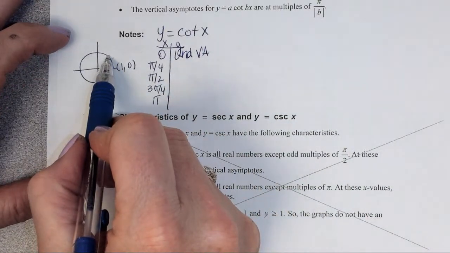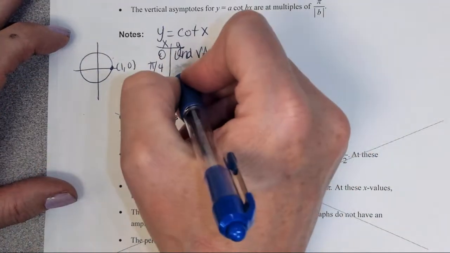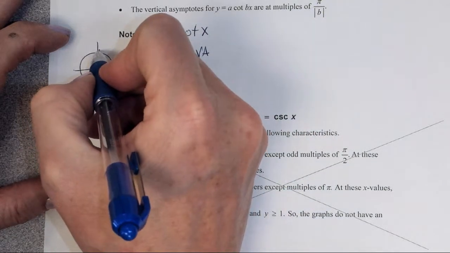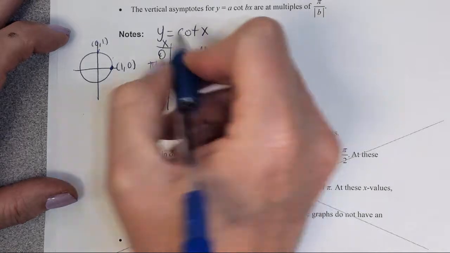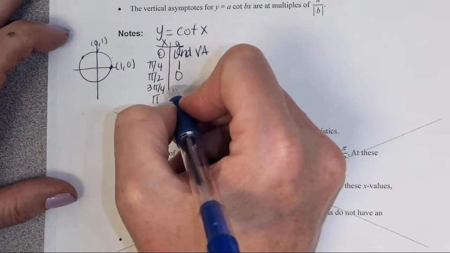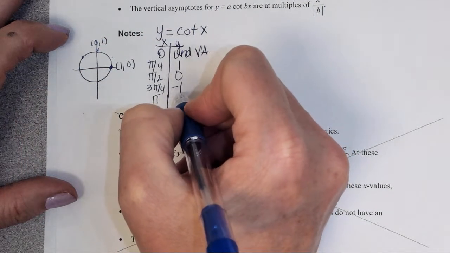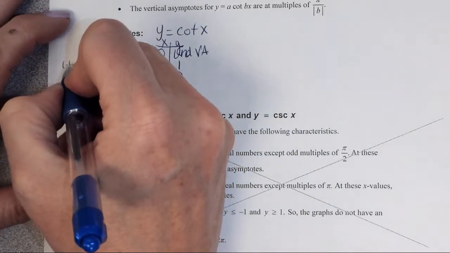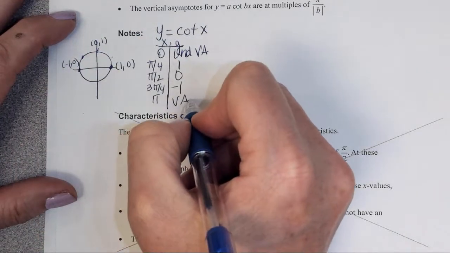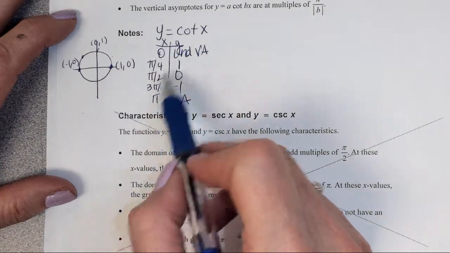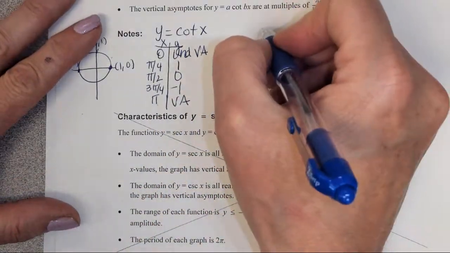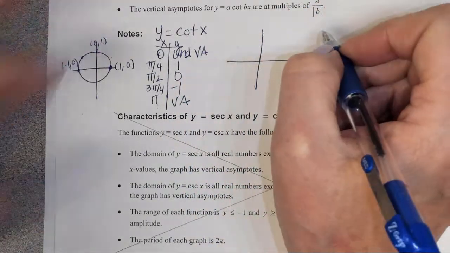Pi over 4. What's the cotangent going to be? 1. Pi over 2. X over y. 3 pi over 4. Yep. Okay, so see the difference? Now between 0 and pi is where we get all those values. So I'm going to graph these points.